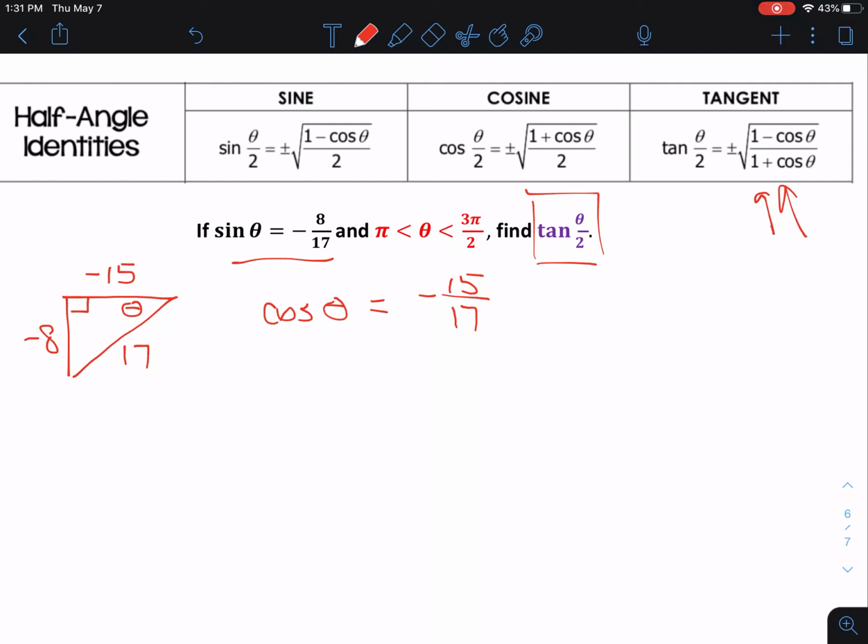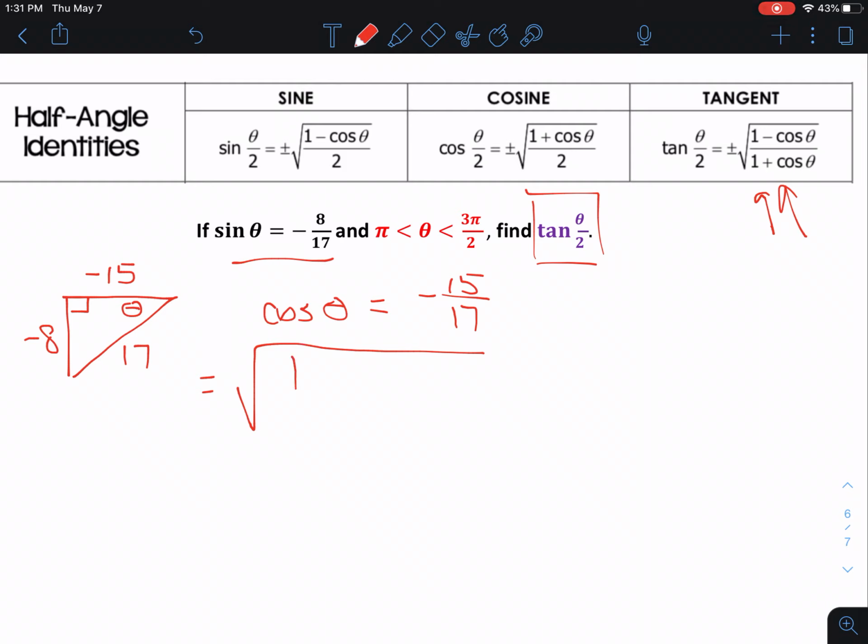Okay, so we're going to go ahead and think about, is this positive or negative? Tangent in quadrant 3 should be positive because it's negative divided by a negative, or y over x. So my answer here, I should be just dealing with the positive version. So I don't need to write the negative, but make sure you check that all the time.